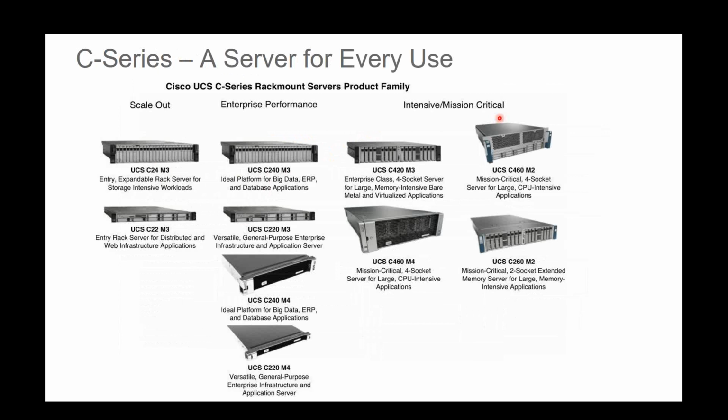And I expect, though I continue to avoid the announcements because there's just never enough time in the day, that HyperFlex will be shipping on UCS servers, probably something like the 240s or the 260s. And Cisco's just going to keep expanding these lines out to try and meet any need, whether it's lots of CPUs, slots for GPUs, small footprints, lots of storage, whatever you need, there's probably a UCS server that's going to do it for you.